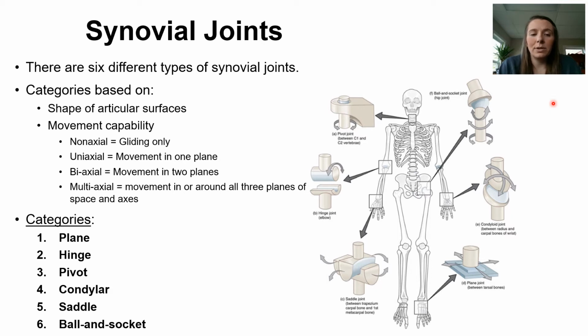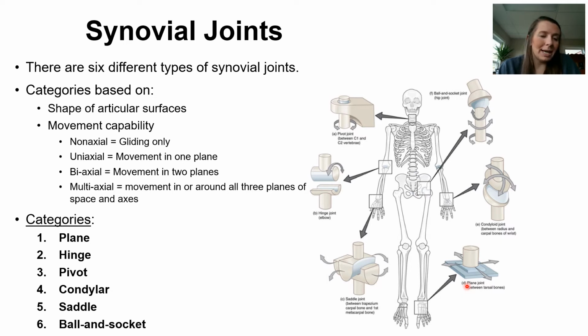So for example, non-axial synovial joints only do a gliding movement. This would be, for example, these plane synovial joints. So here would be a plane synovial joint example. Uniaxial synovial joints do movement in one plane.